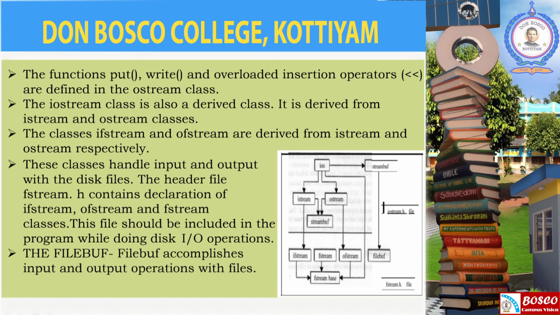So the disk file functions are handled by ifstream and ofstream. The header file we have to use when we are using the disk file in our program is fstream.h. That is, it will be having the properties of ifstream, ofstream and fstream.